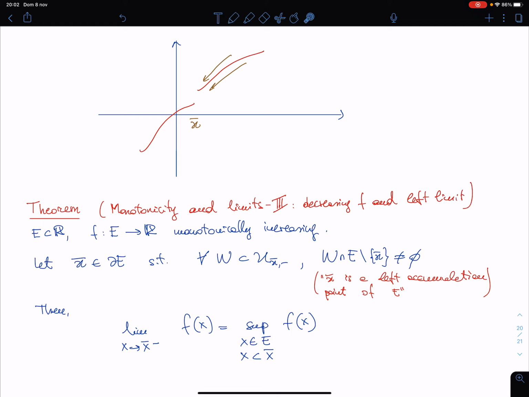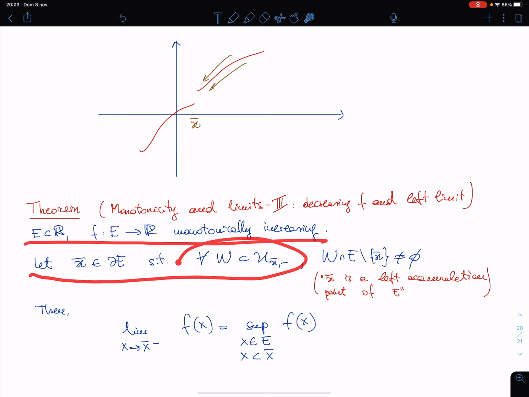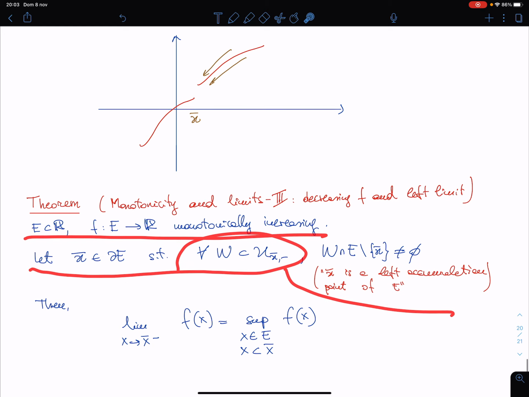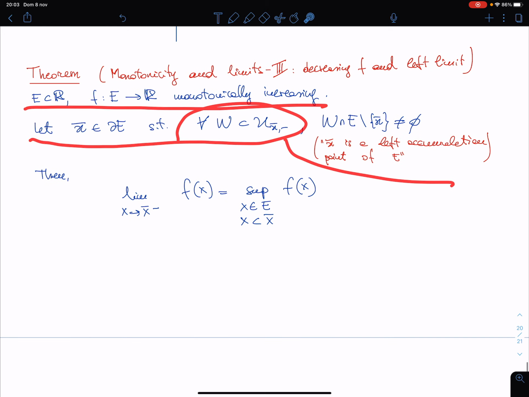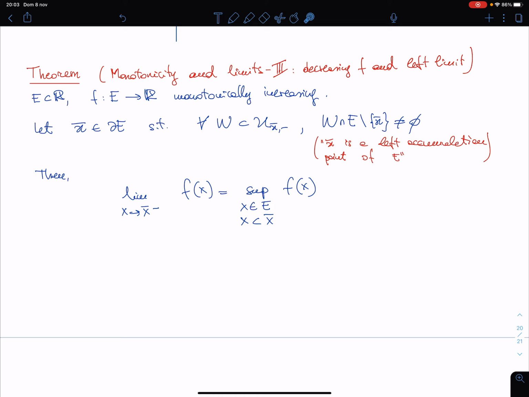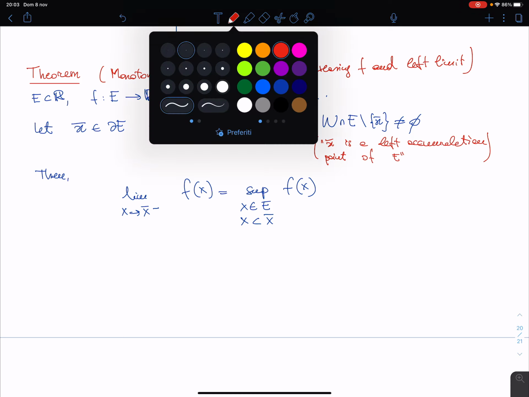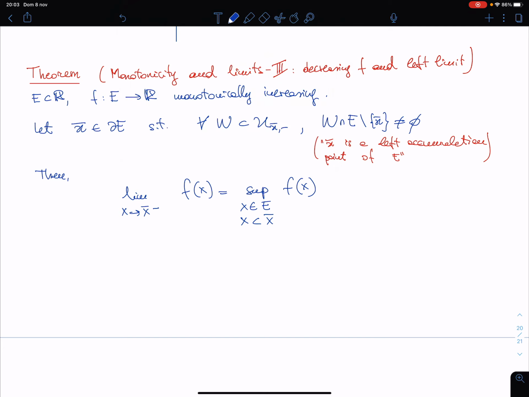Okay, here situation is the same because function okay as usual, and then we have a left accumulation point, and this is correct. And now I want to take the left limit and just draw a small picture, in order to understand what happens here.